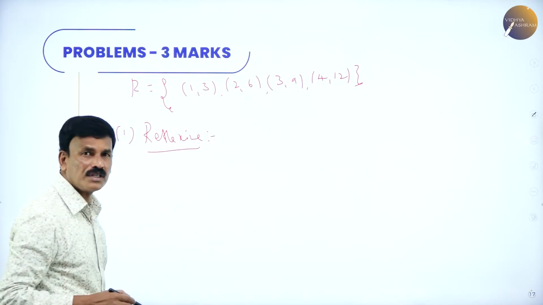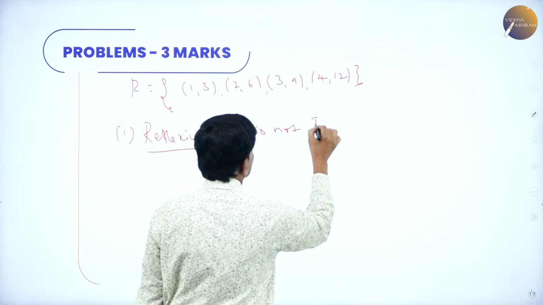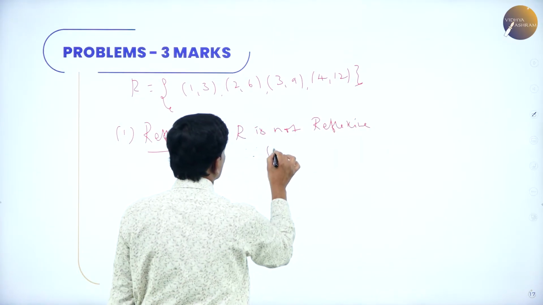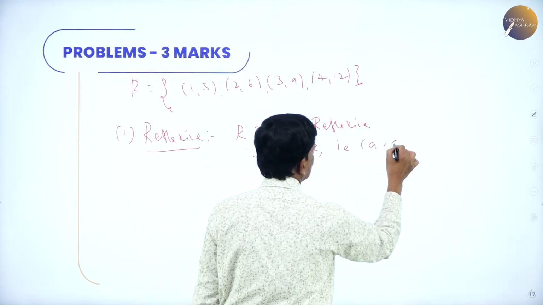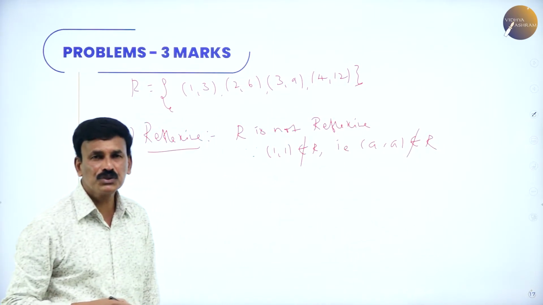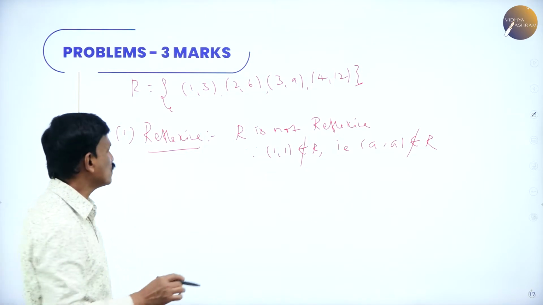Verify. R is not reflexive because 1 comma 1 does not belong to R. That is, A comma A does not belong to R. 1 comma 1, 2 comma 2, 3 comma 3 do not belong to R. Therefore, R is not reflexive.